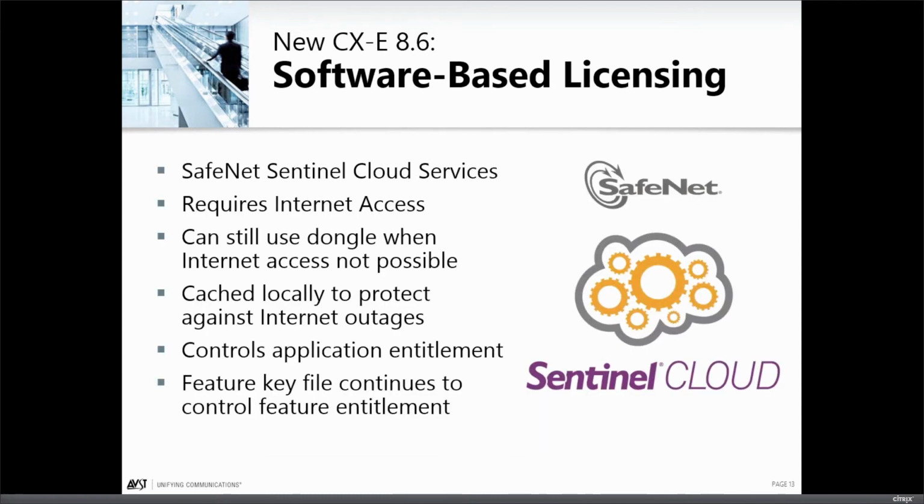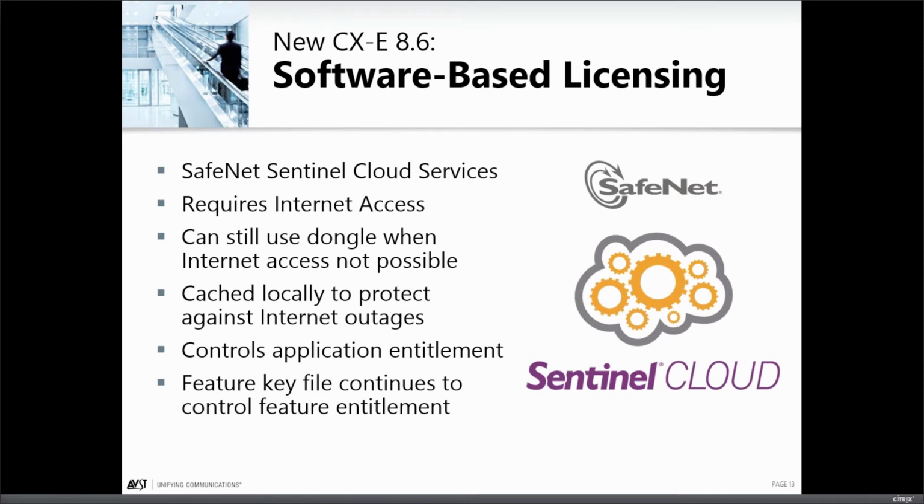Also in the category of things customers have asked us for, in this case for years and years, is to get rid of the dongle. Our software security method required a USB dongle be plugged into the server, which was problematic and just not popular. So we now, as an option, have another way of doing software-based licensing that simply uses the cloud.